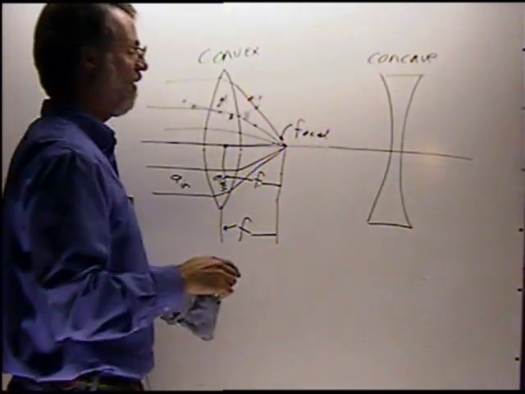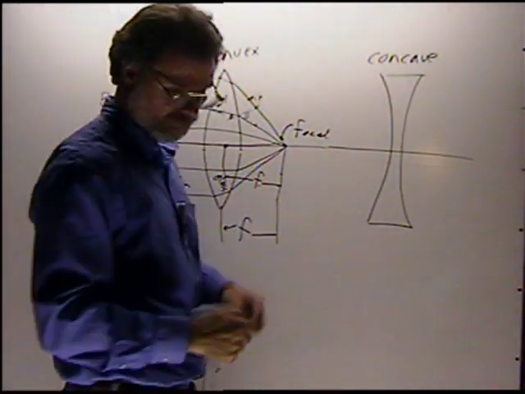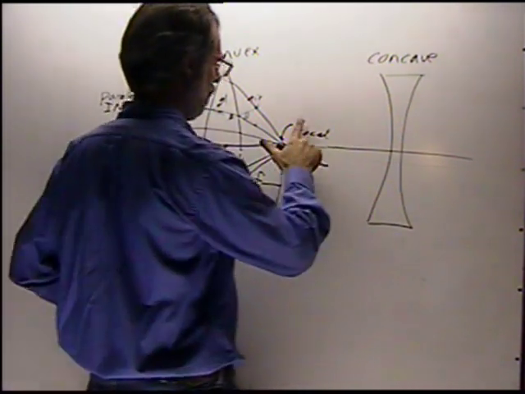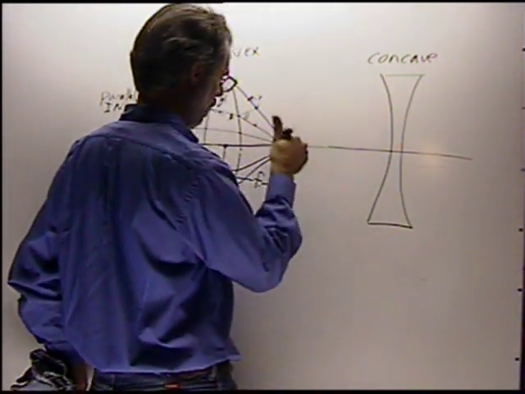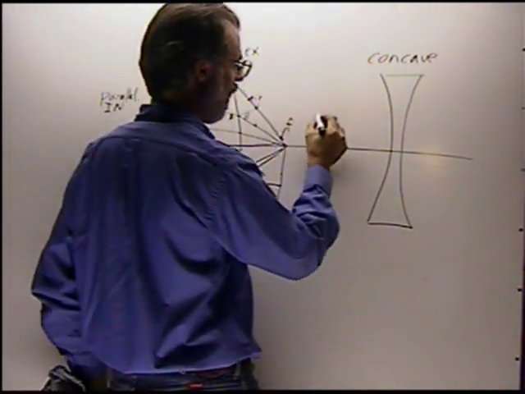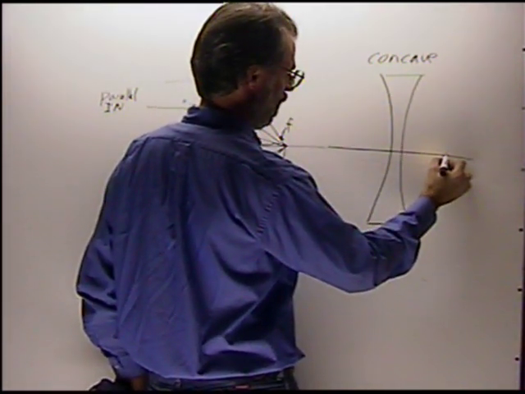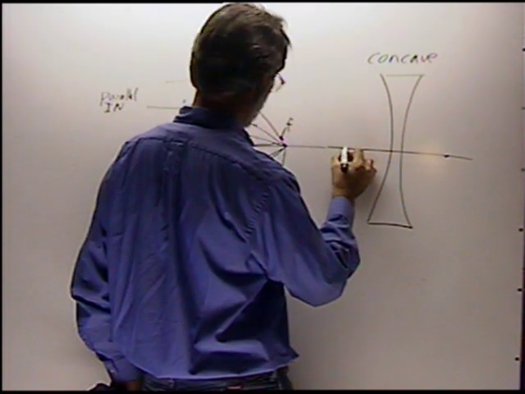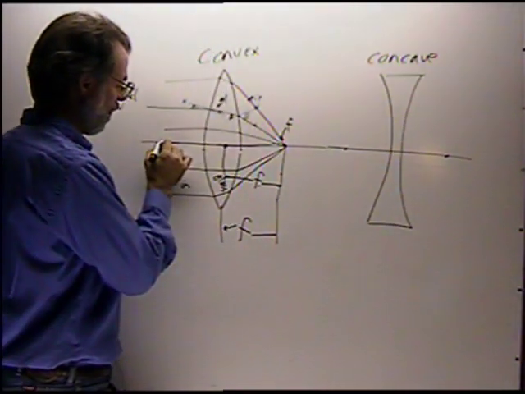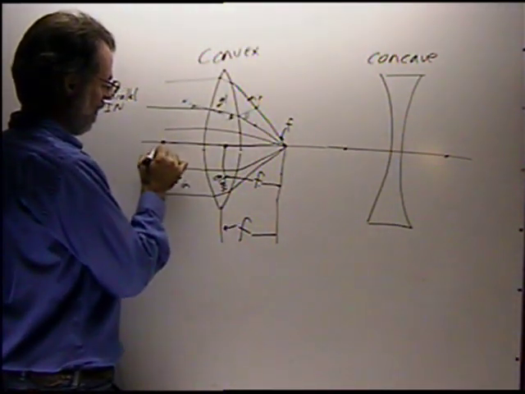In a concave lens, there's actually a focal point on both sides of the lens.